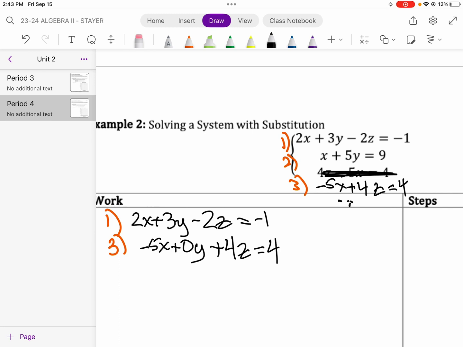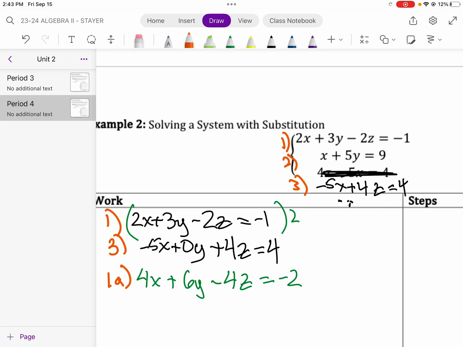Right here, notice, I need to actually manipulate this. If I multiply by 2, wouldn't I have 4x plus 6y minus 4z equals -2? It's really equation 1, but a little bit changed.